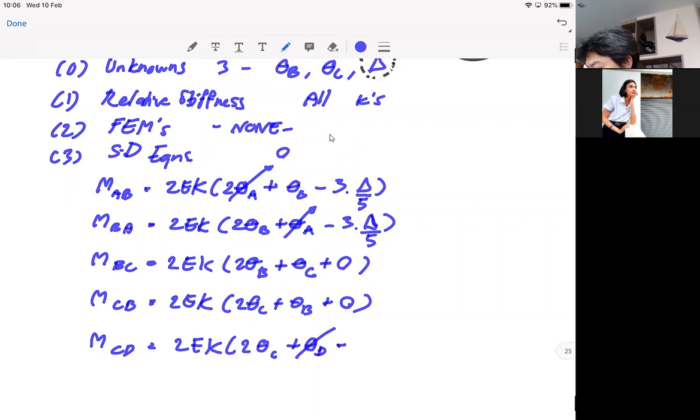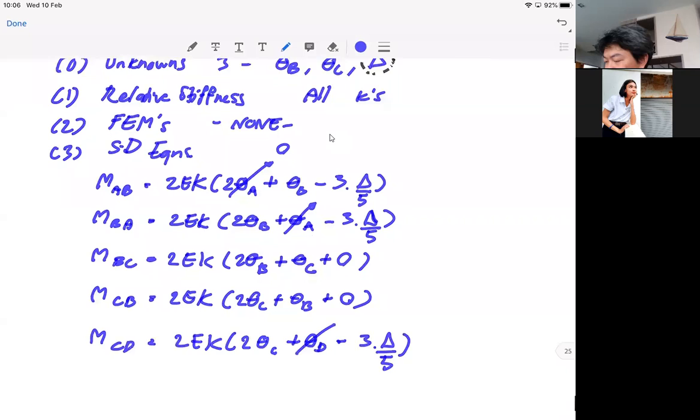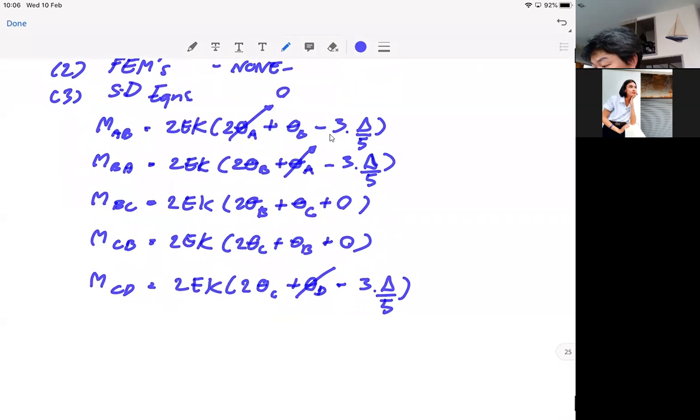And then again, we have the psi term. And then MDC, 2EK, 2 theta D, that is 0, plus theta C minus 3 psi as usual.